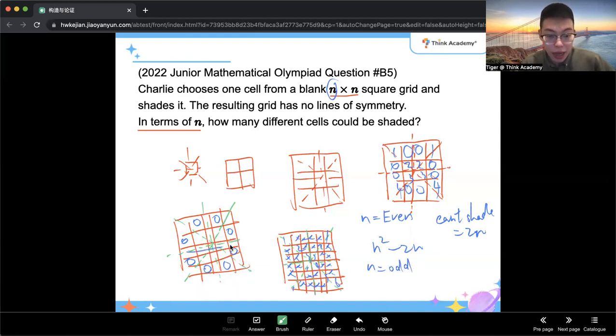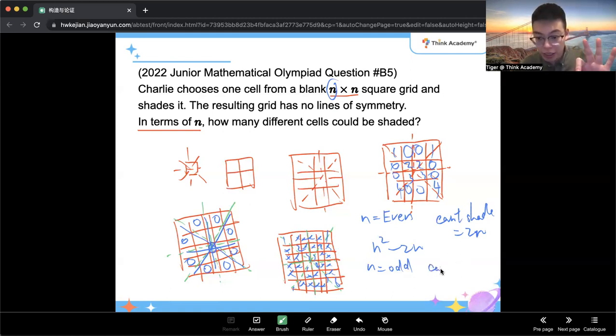So it should be 1n, 2n, 3n, 4n. But the middle one has been counted 4 times, which means 3 extra times, because all the 4 lines of symmetry are converging at the center, or intersecting at the center, which means that I need to remove 3 times that it has been counted extra.